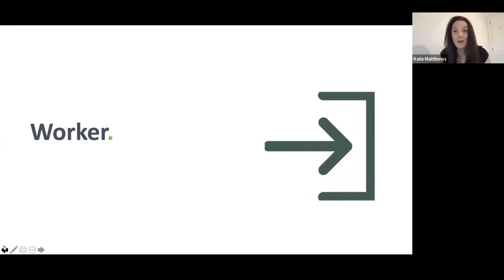So the key with a casual worker is that there's commonly no obligation for you to offer them any particular set hours of work. There's no obligation on the worker to accept that work. So if you offer them a shift, they might say, well, no, thank you, I'm busy on that day. Really useful, as I said, where work demands fluctuate.